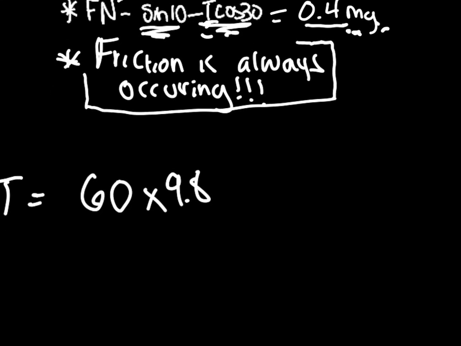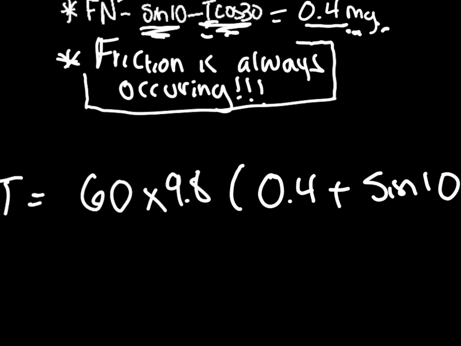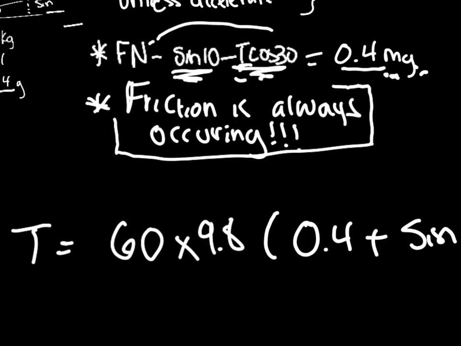And we're going to multiply it to everything. When I mean everything, I mean to the acceleration plus sine of 10. And this makes sense because we said we were trying to find sine of 10, his actual weight. In order to find his actual weight, we had to multiply his mass regardless.